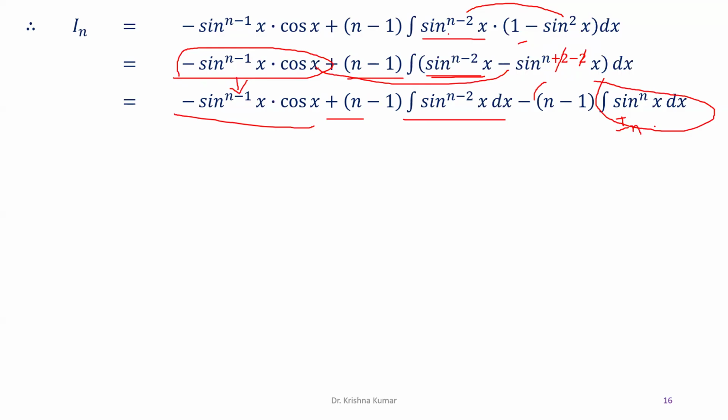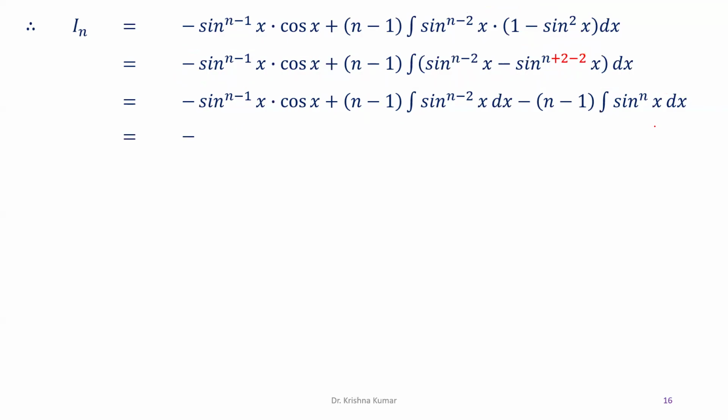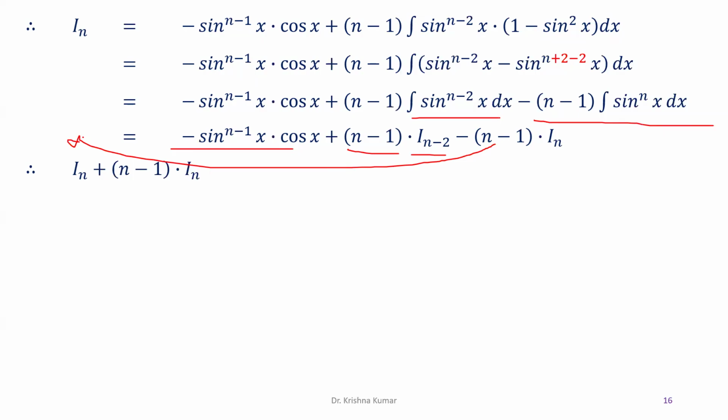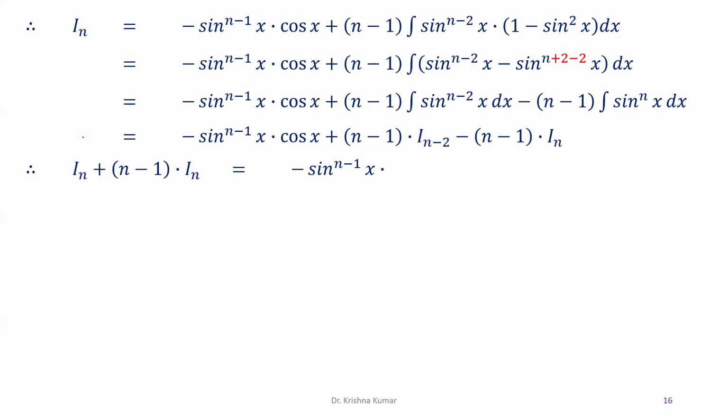So let us transpose this to the left hand side. Minus sine to the power n minus 1 x into cos x, plus n minus 1 times this, which can be written as I_(n minus 2), and this can be written as n minus 1 into I_n. So this will be transposed to the left hand side and we have I_n plus (n minus 1) times I_n, and here what is remaining?